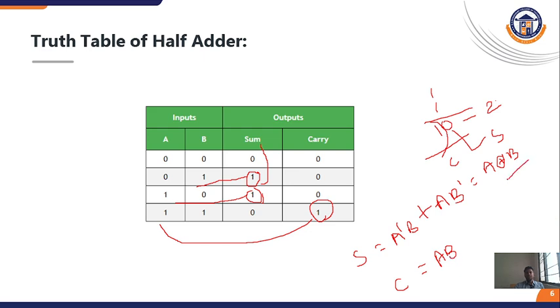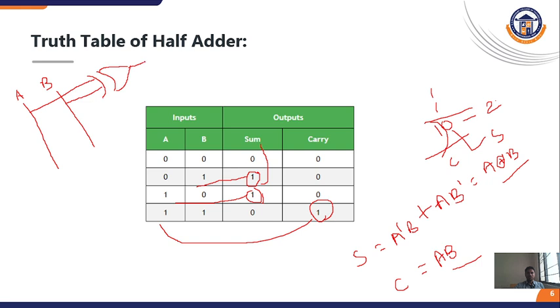Next we have to draw the logic diagram. There are two inputs A and B. The sum is A XOR B, so one input is A, another input is B, and we give the inputs to an XOR gate.